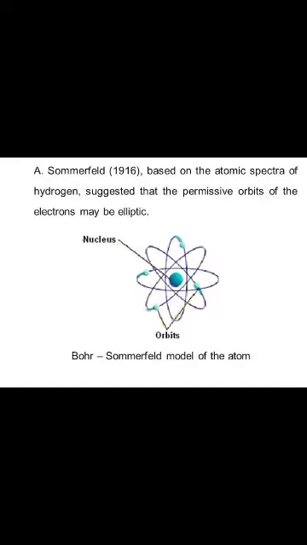Corresponding to each principal quantum number, several orbits of varying eccentricity were possible. So Sommerfeld tried to explain this fine spectrum of the hydrogen atom on the basis of elliptical orbits, and he proposed some postulates based on his theory, which is known as Sommerfeld theory.